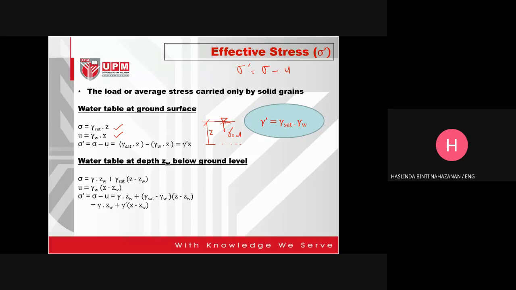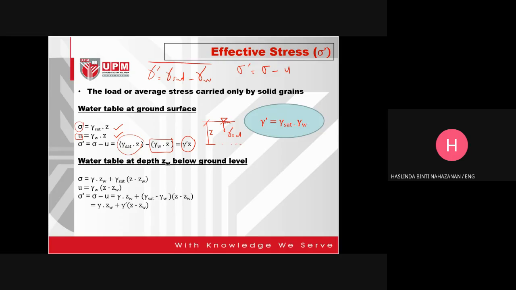So if you write them again, we have total stress, which is here, minus the water pressure. So you have this, and then you end up with what we call effective stress, multiplied by Z. As you've learned before, effective unit weight is always the saturated unit weight minus the unit weight of water.